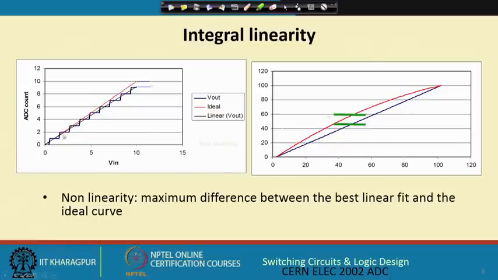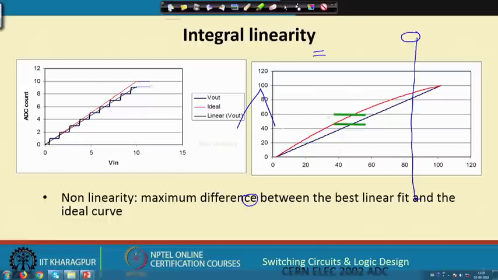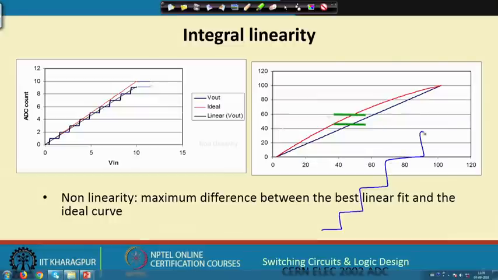Suppose I have these steps. If you join the middle points of these steps, it will be like a straight line. So the ideal case will be a straight line as this blue line shows.